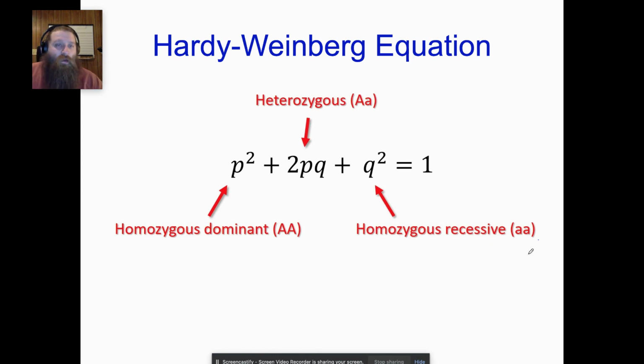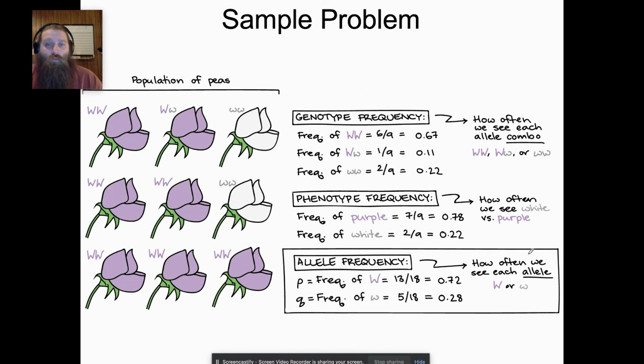You don't need to memorize or solve the Hardy-Weinberg equation in my class. I want you to be aware that it's out there. I'm going to show you a problem with it, where you take this pea plant population and we look at their genotypes, we get their frequencies.